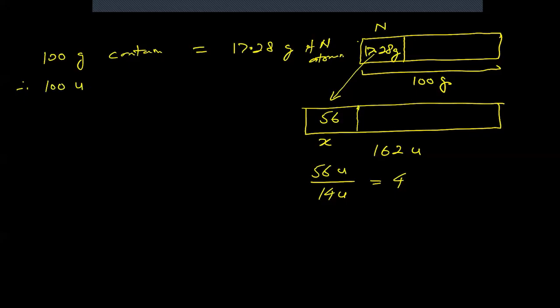So 100 U will contain 17.28 U of nitrogen, because there is a direct relationship between gram and unit. That's why. Hence, 162 U will have how many nitrogens?